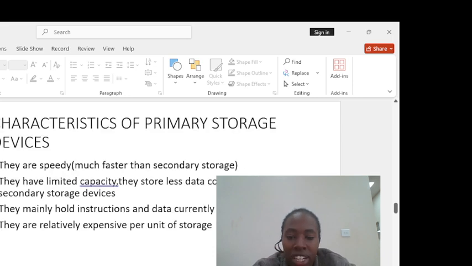Characteristics of primary storage devices: they are speedy and much faster than secondary storage. They have limited capacity, whereby they store less data compared to secondary storage devices. They mainly hold instructions and data currently being used. They are relatively expensive per unit of storage.